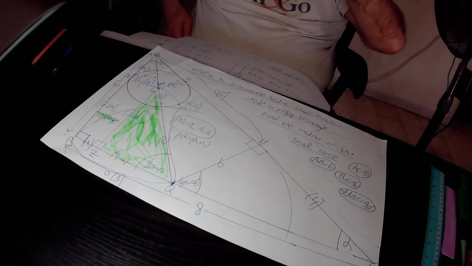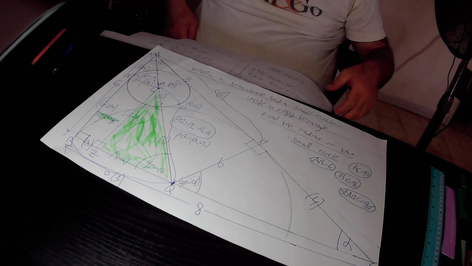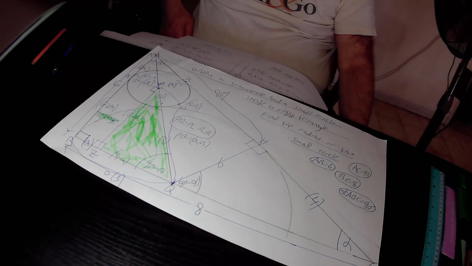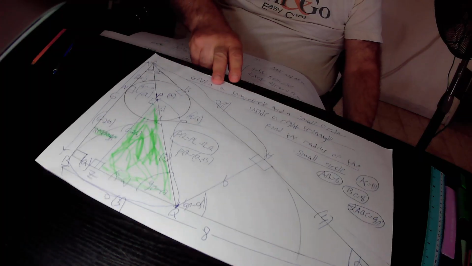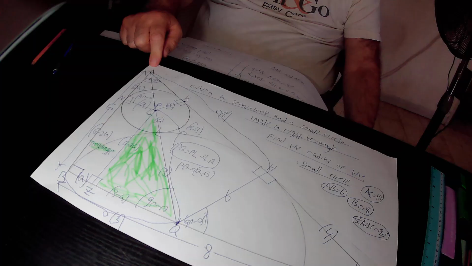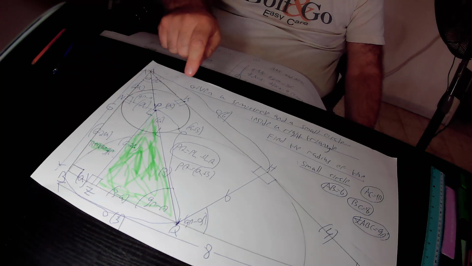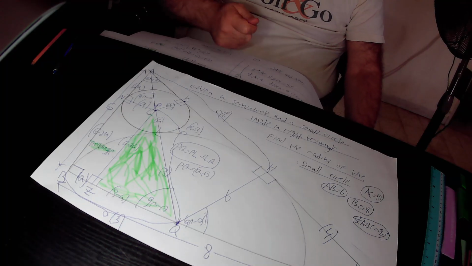Here we can apply rule 2. According to rule 2, the lengths of two tangents from a common external point to a circle are equal. We focus on this common external point A. For this common external point A, we have two tangents to this big semicircle, tangent AB and tangent AH. According to rule 2, they are equal to each other.